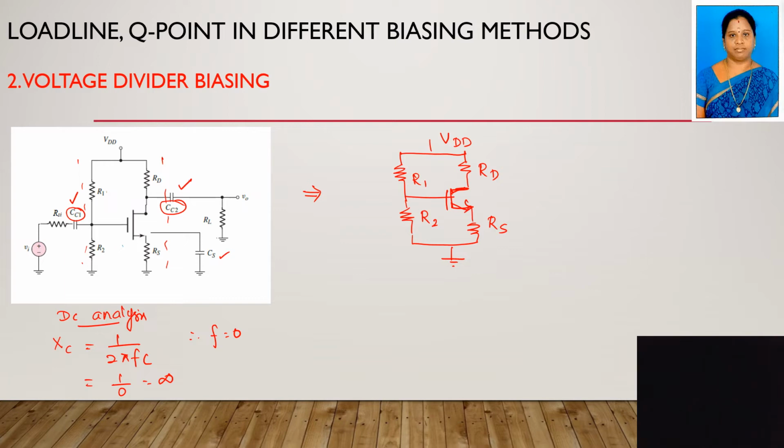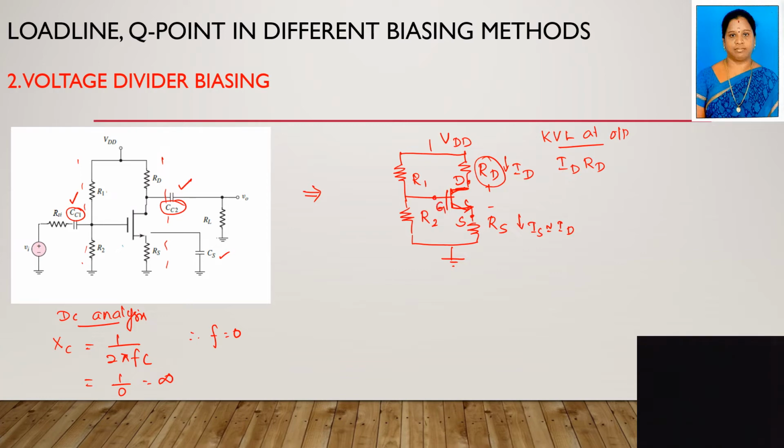Now we have to apply KVL at the output side in order to draw the DC load line. So how to write the KVL equation here? Applying KVL at the output side, you get ID into RD, because the current flowing through RD is ID. The current flowing through RS is IS, which is approximately equal to ID. This is the drain terminal, this is the source terminal, and this is the gate terminal.